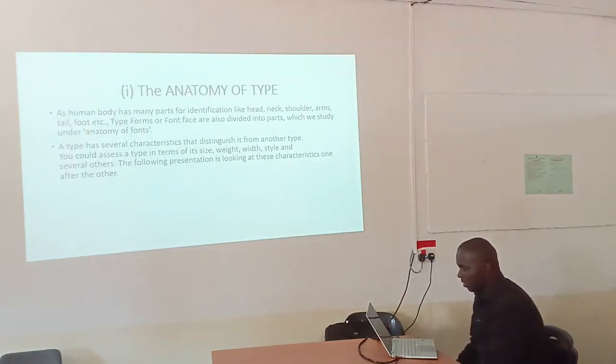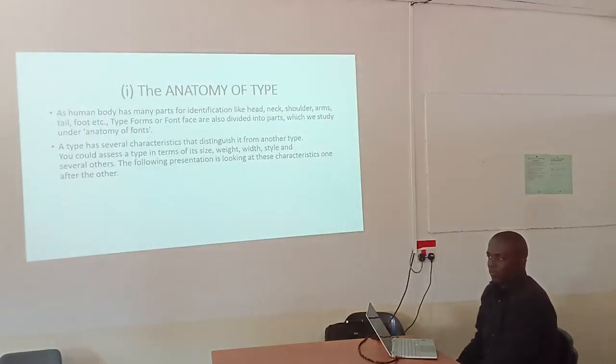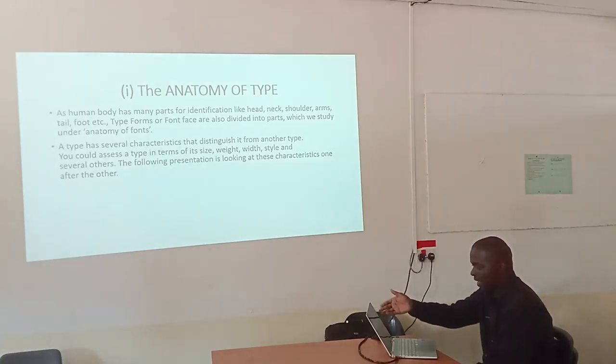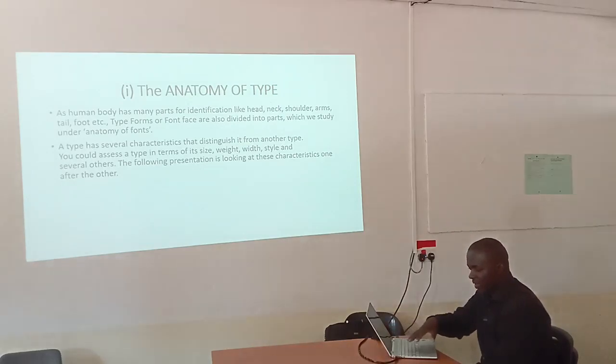As human beings, we have got so many parts. The anatomy of a human body has the head, the neck, shoulders, arms, and so on.